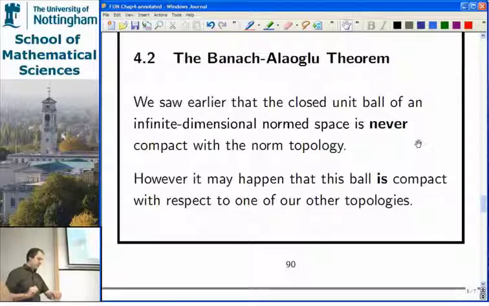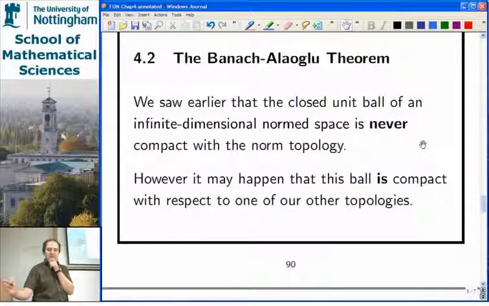And this is the Banach-Alaoglu theorem. The closed unit ball of an infinite dimensional normed space, we saw last time, is never compact. But it does turn out that if you're in the closed unit ball of a dual space, you are weak star compact. In the other direction, the closed unit ball of the space itself is only ever weakly compact if the space is reflexive.